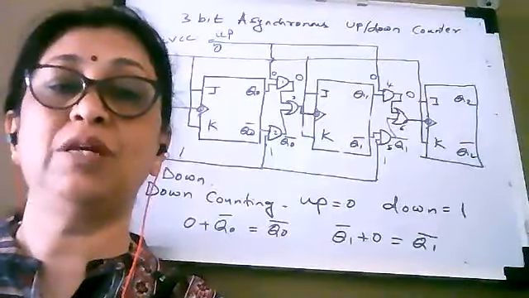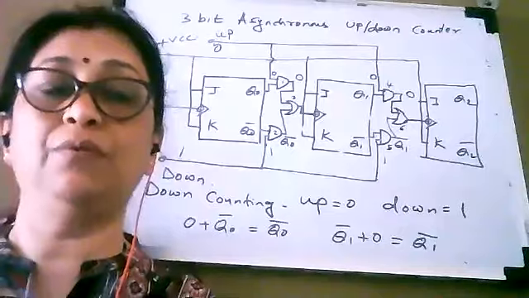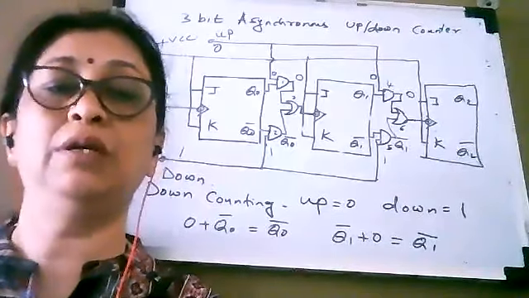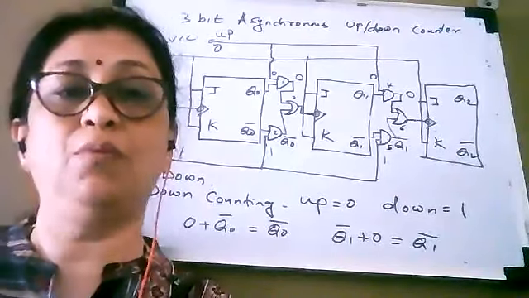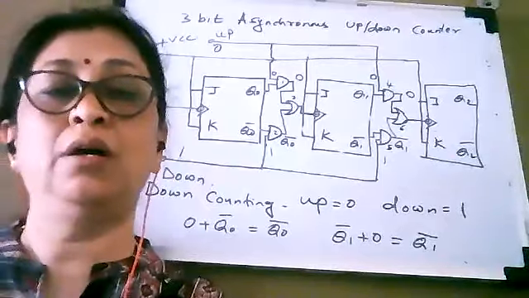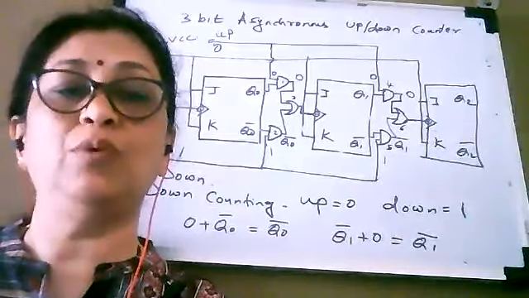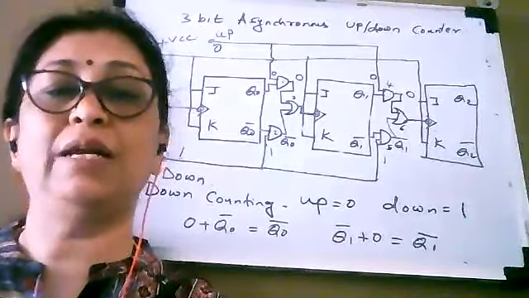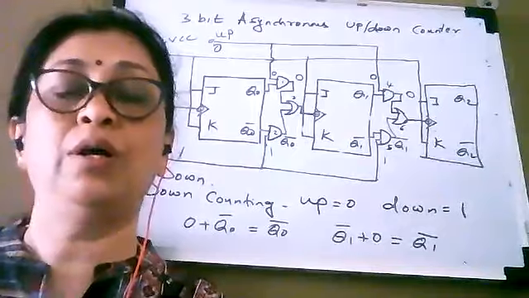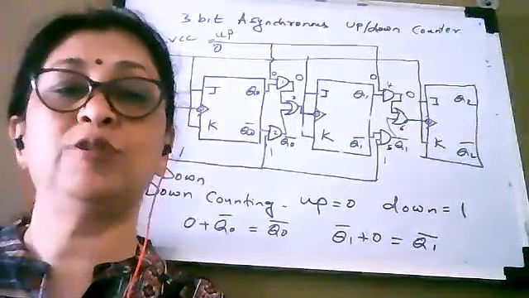So you remember this. And suppose you want to write the working of a 2-bit counter, then what you have to remember is you have to use only 2 JK flip-flops. And 2-bit counter means the number of states is equal to 2 raised to 2, which is equal to 4.